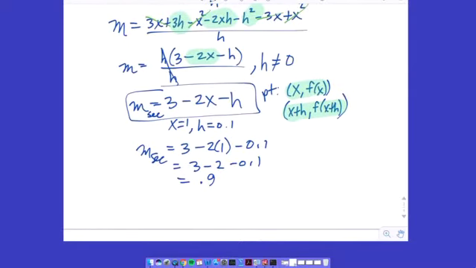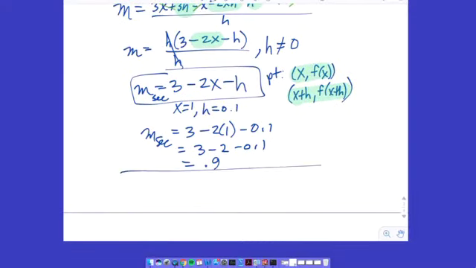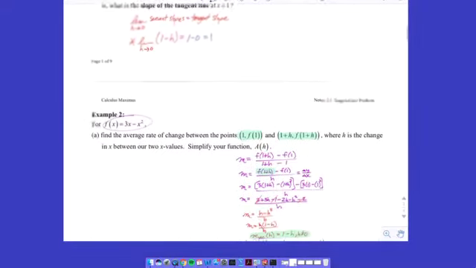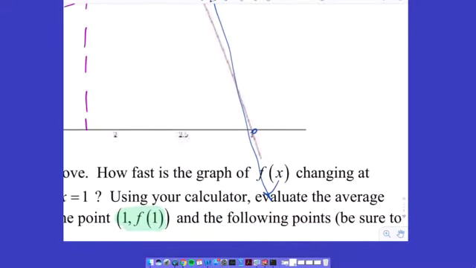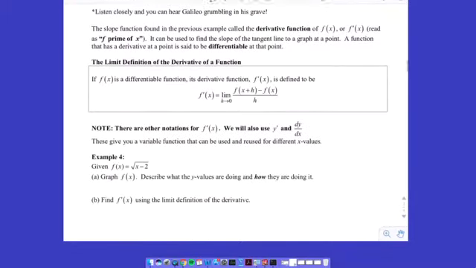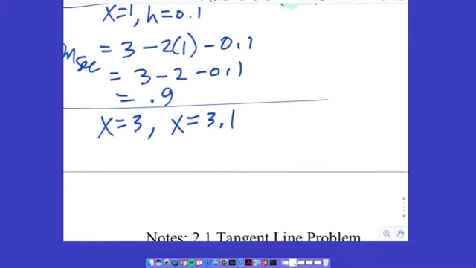But now, if I want to figure out what the slope is between the points x equals 3 and x equals 3.1, that would be very close to finding the slope of the tangent line at this point like I wanted, right? I can actually use this. X is equal to 3 and 3.1 is my other point, so h is 0.1.